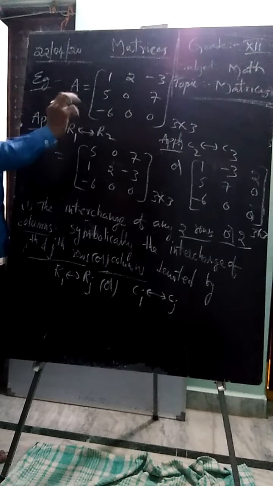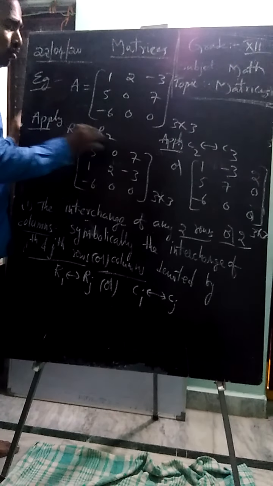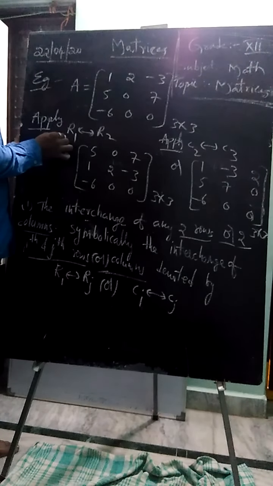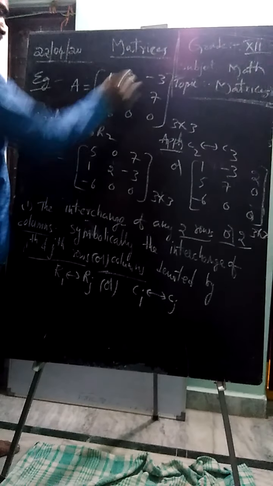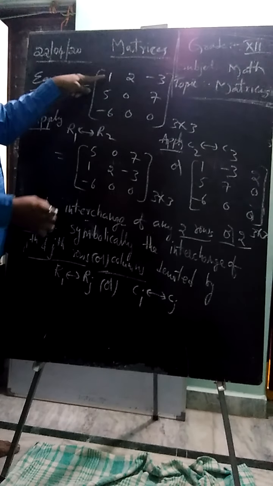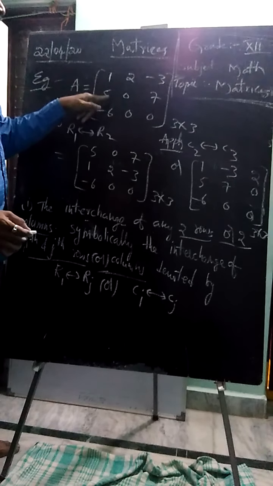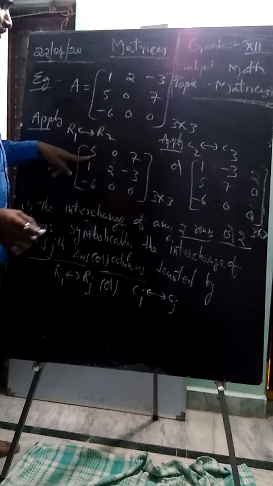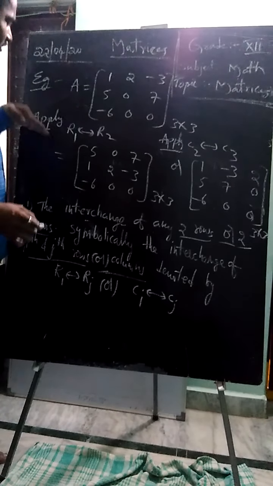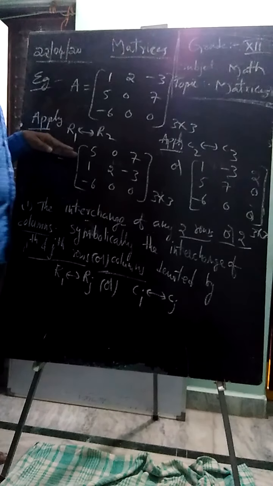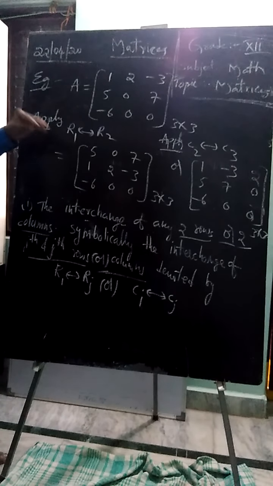I mean we are interchanging rows. The first row 1 2 minus 3 becomes the second row, and the second row 5 0 7 becomes the first row. This is called interchanging or transformation or elementary operation of matrices.